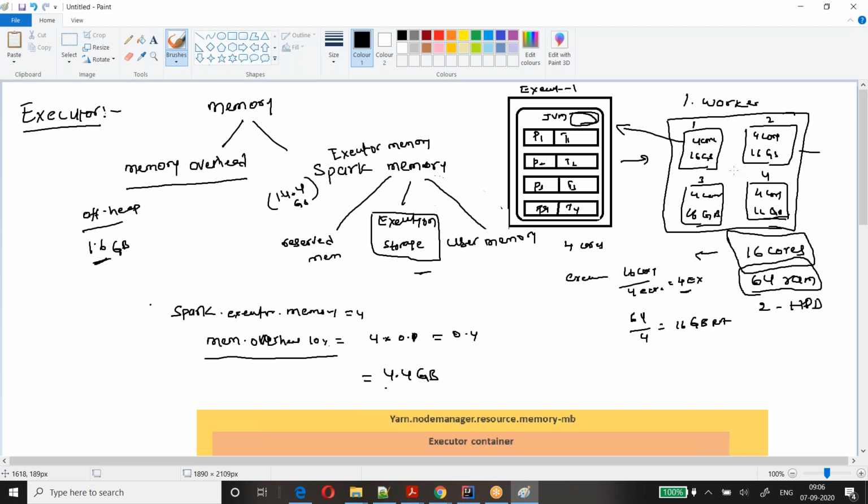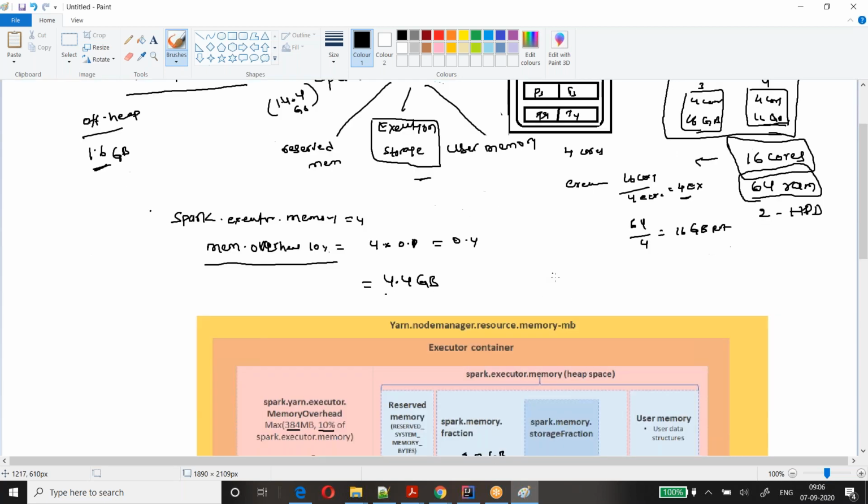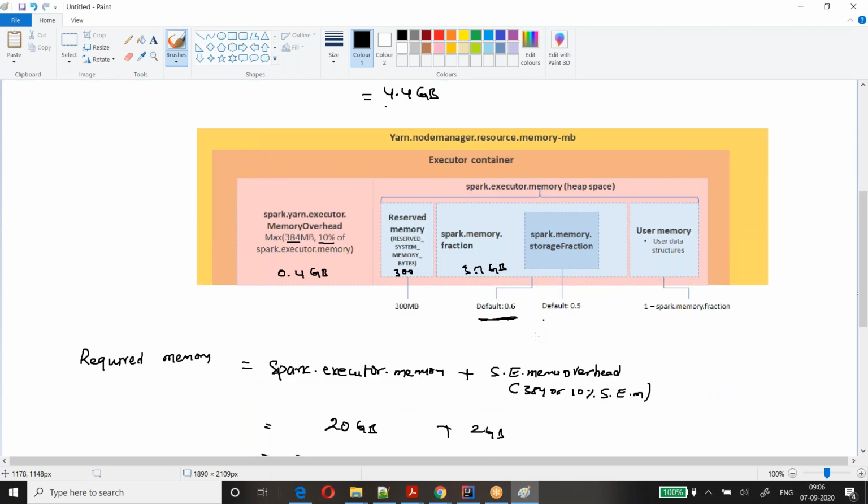What kind of complicated transformations am I applying? Based on those parameters, you will supply your driver memory and executor memory. You will get an idea from this calculation of how much you can supply. After that, you will decide how much I need to give.